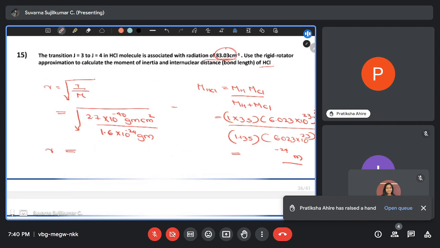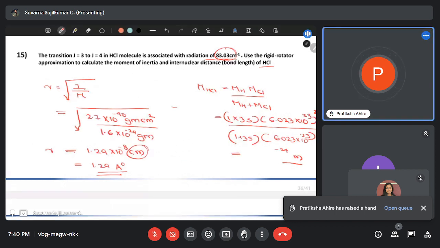The internuclear distance between hydrogen and chlorine in the HCl molecule will be 1.29 into 10 raised to minus 8 centimeter, or this can be represented as 1.29 angstrom. Okay, clear? Yes, ma'am. Okay, thank you.